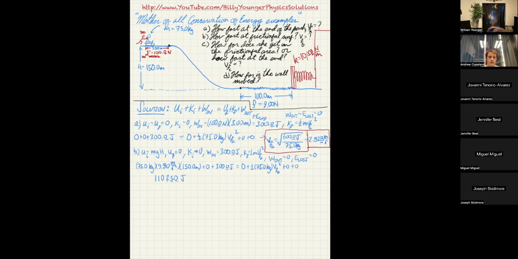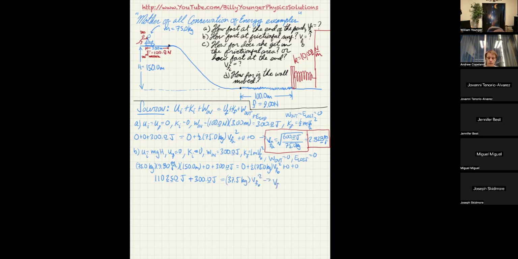So this 250 is not significant, but I'm going to keep it so we can take into account all the little energies, plus 300.0 joules. And that's equal to 37.5 kilograms times V final B squared.